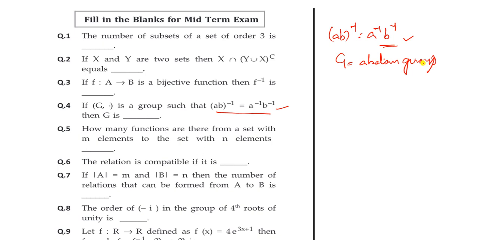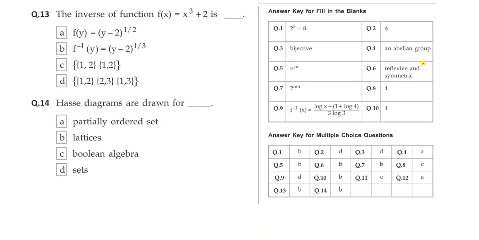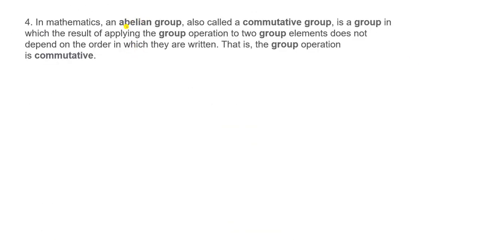Let us see, what do you mean by abelian? In mathematics, an abelian group is also called a commutative group. It is any group in which the result of applying the group operation does not depend on the order. Here (AB) whole inverse, after applying the group operation, there is no change in the value.